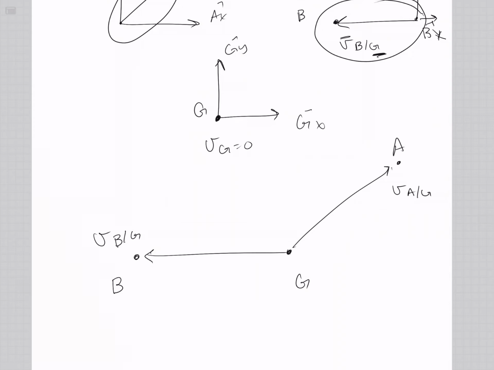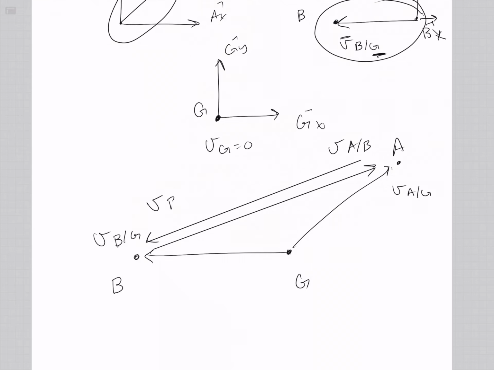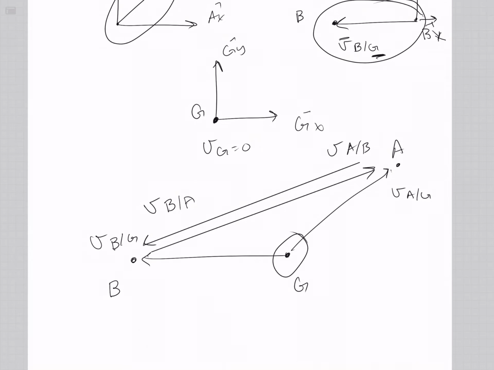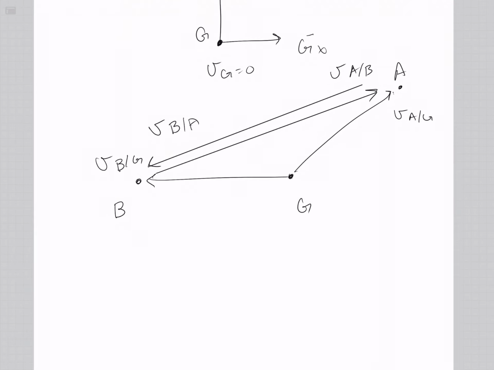So this arrow, if I was to draw it, would be A with respect to B. And since we're dealing in velocity, we're going to put velocity there. I could also do it the exact opposite way and draw B with respect to A. So either way, we can identify these in terms of each other by taking out this ground point.